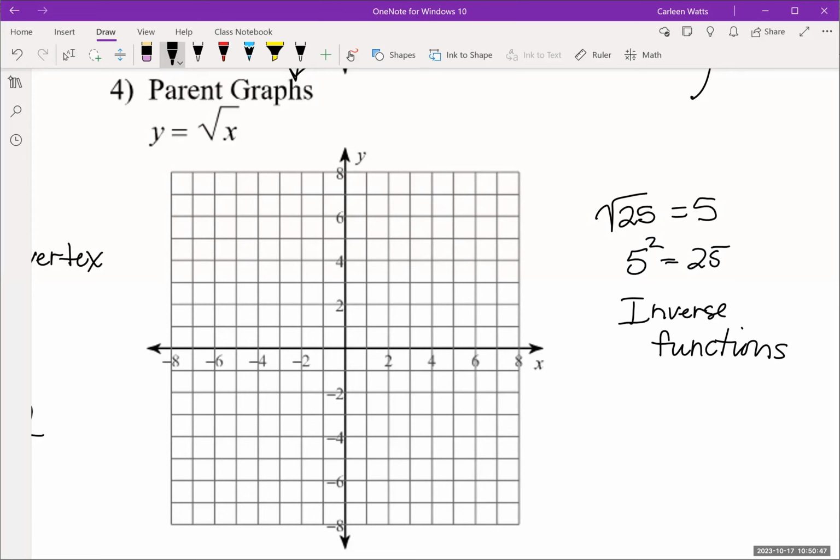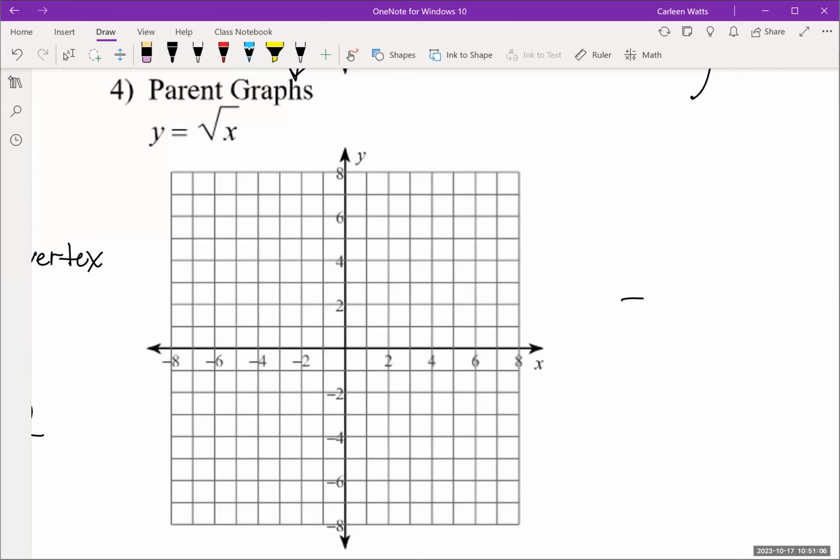I'm going to erase this. Does everyone see that? Square root is an inverse function with squared, right? Square root brings it down, squaring brings it up. They are inverses.